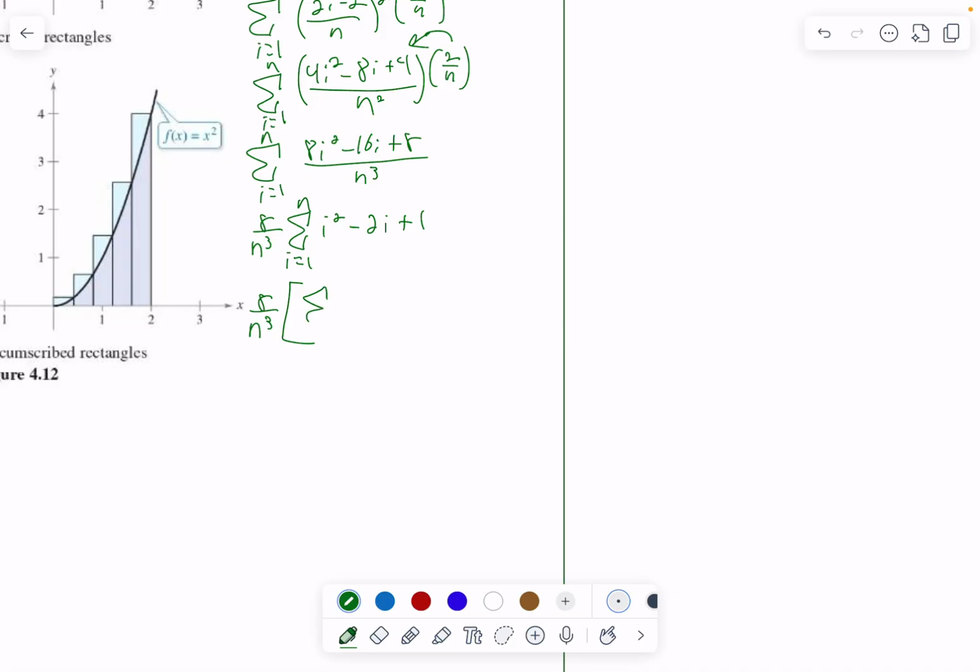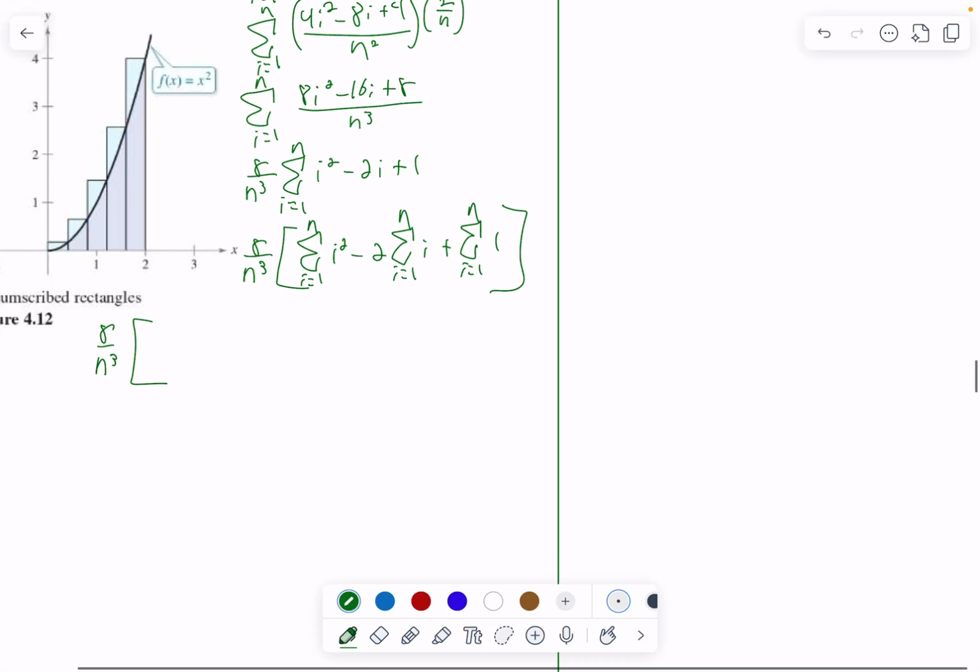So the sum from i equals 1 to n of i squared, minus, bring that constant out, 2 times the sum from i equals 1 to n of just i, plus the sum from i equals 1 to n of 1. That 8 over n cubed just keeps coming along for the ride.